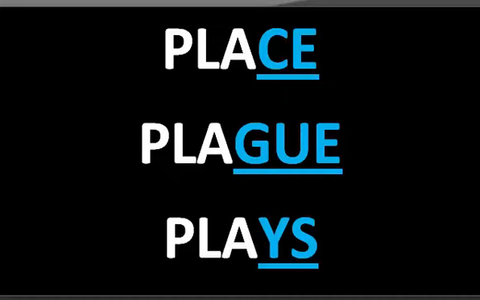As your phonetics teacher might have already told you, when Y and S end the word, Y and S produce a Z sound. Thus, the word P-L-A-Y-S produces the pronunciation plays. You see how this differs from the words place and plague.